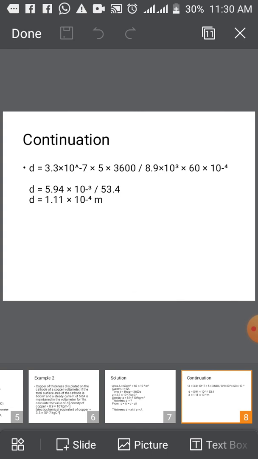That will go down to give us 5.94 times 10 raised to the power minus 3 divided by 53.4. When we now press the calculator, we're going to have D to be equal to 1.11 times 10 raised to the power minus 4 meters.